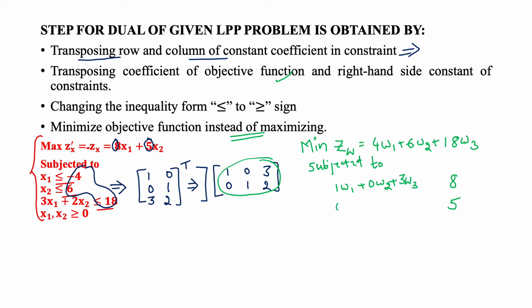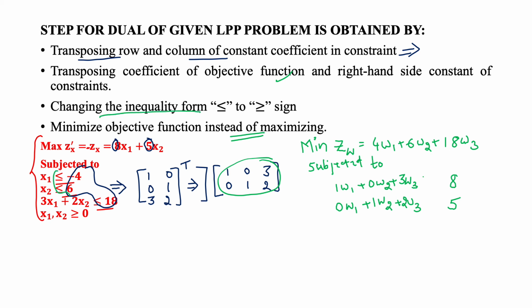Similarly 0 W1 plus 1 W2 plus 2 W3. And the last thing is changing inequalities of less than form into greater than form.